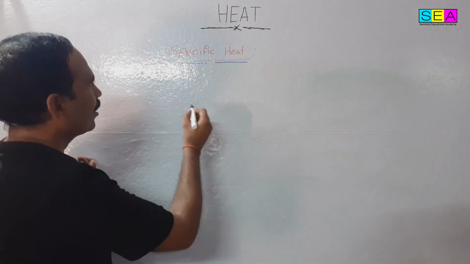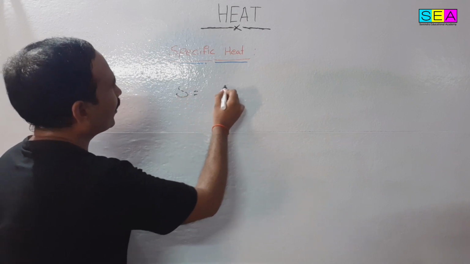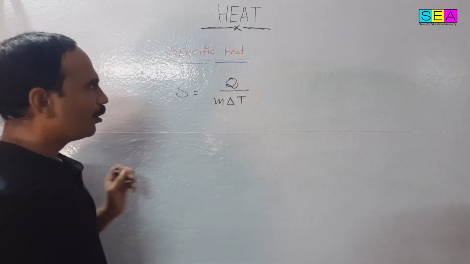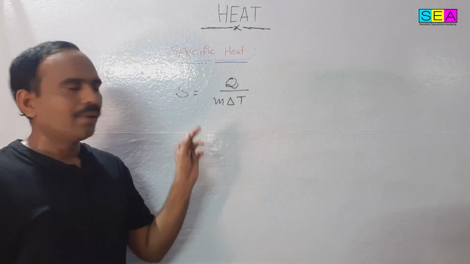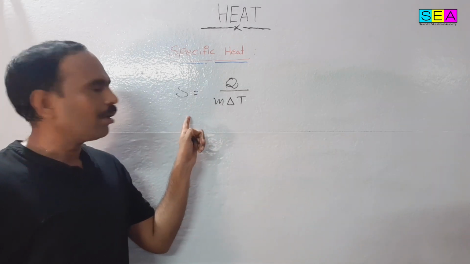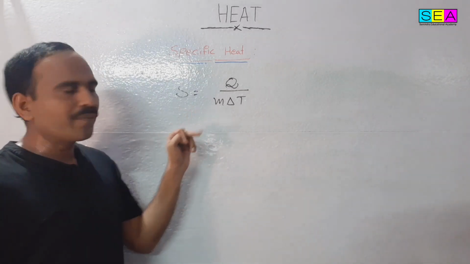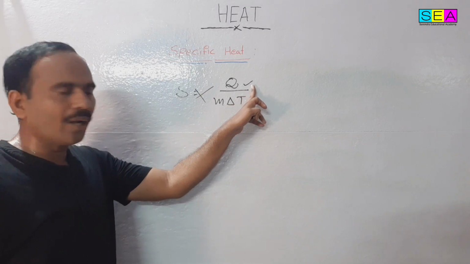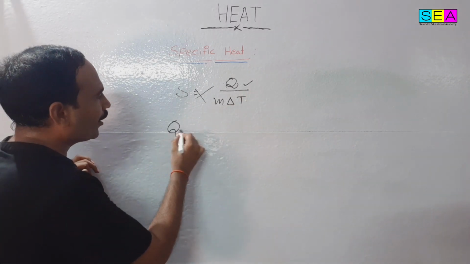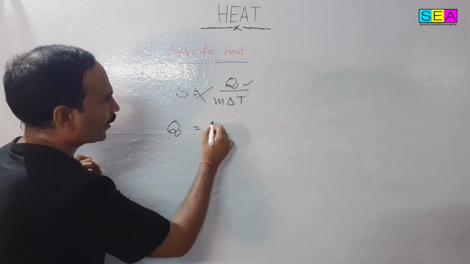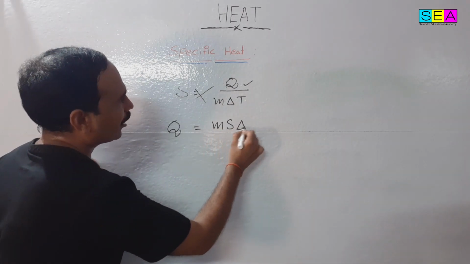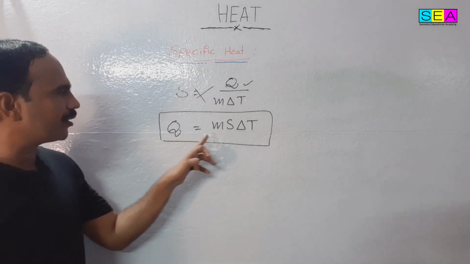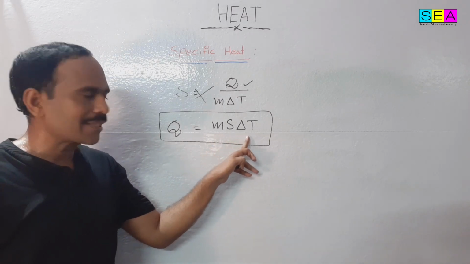Already we know S is equal to specific heat, S is equal to Q by M delta T. From this equation we need the quantity of heat energy. To calculate it, cross multiply: Q is equal to M S delta T.